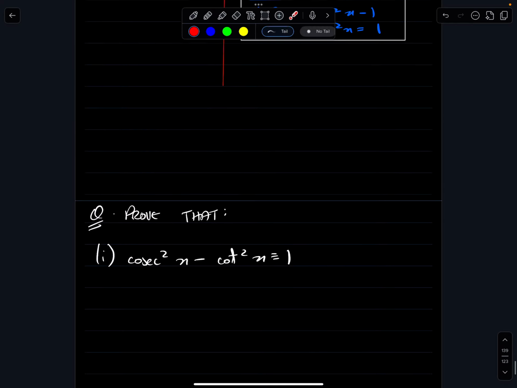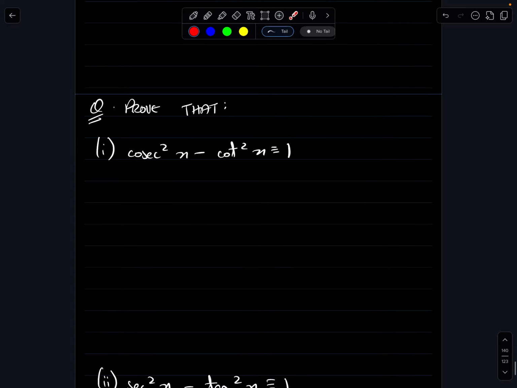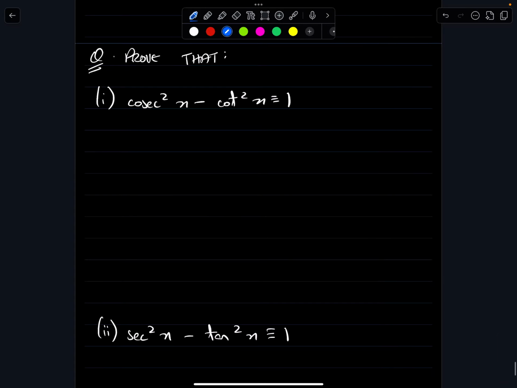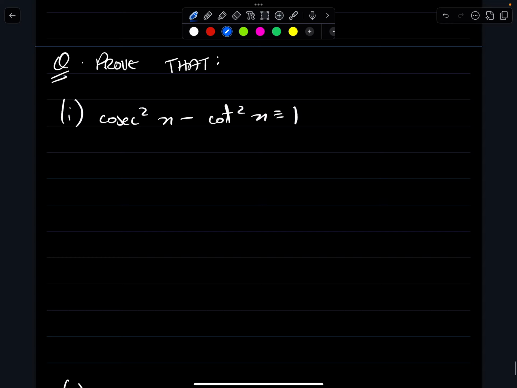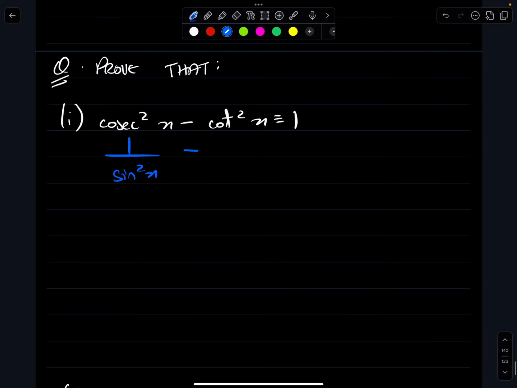So we learned that identities can either be used to prove an identity or can be called out in a question. So let's look into how they can be used to prove these identities. So I can write this down as 1 over sine square x, and I can write down cot x as this. So cot square x is the same as cos square x over sine square x.